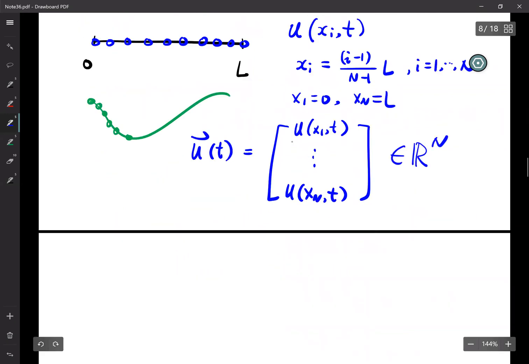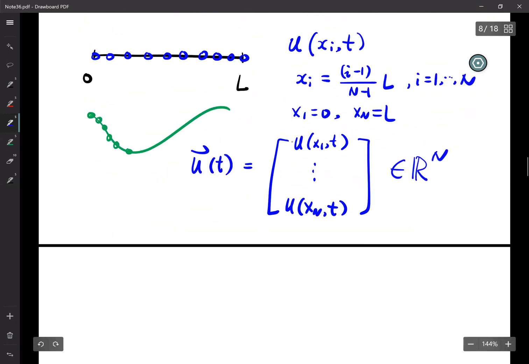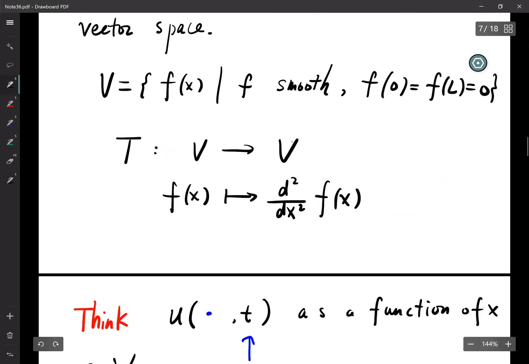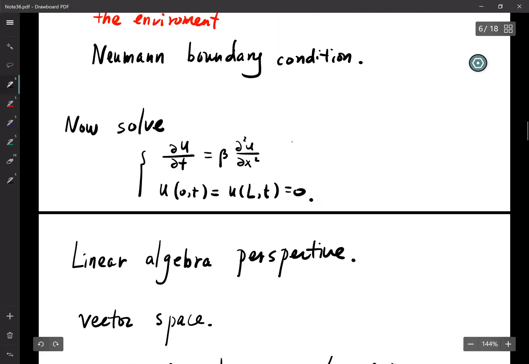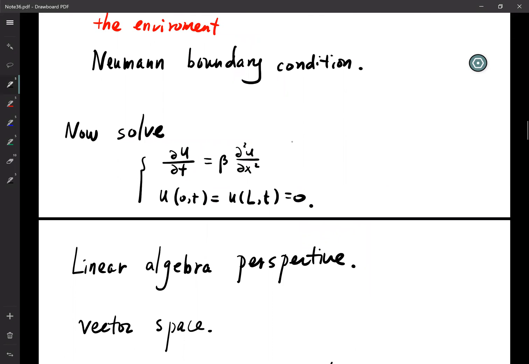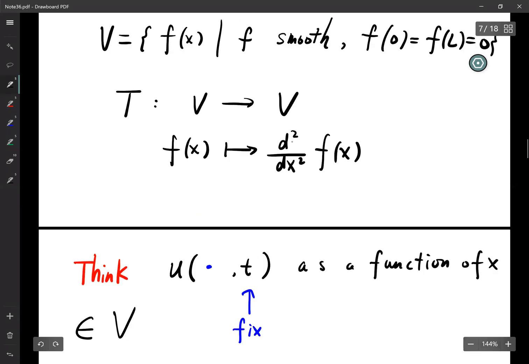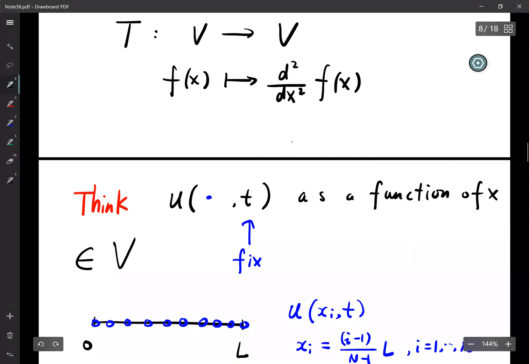And now I look at the heat equation, because this one, you see, this double derivative with respect to x only acts along the x direction, right? So just as we had before, you have collapsed this infinite dimensional thing to a finite dimensional space.